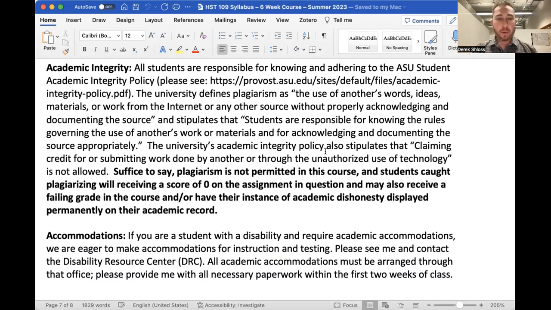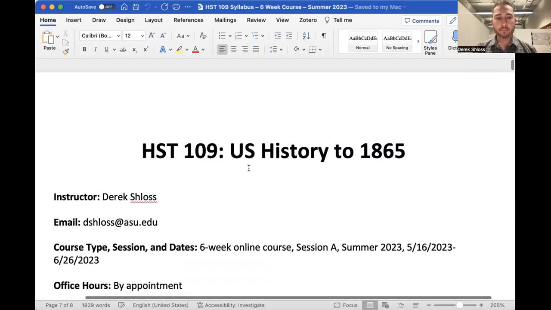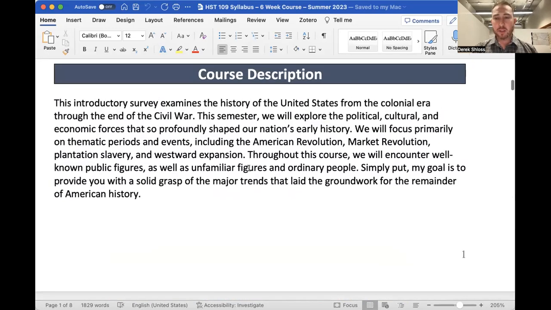Okay, I thought I would end with the course description. Let's read this really quickly. This is on page 1 of the syllabus. This is an introductory survey that examines the history of the United States from the colonial era through the end of the Civil War. This semester, we will explore the political, cultural, and economic forces that so profoundly shaped our nation's early history.